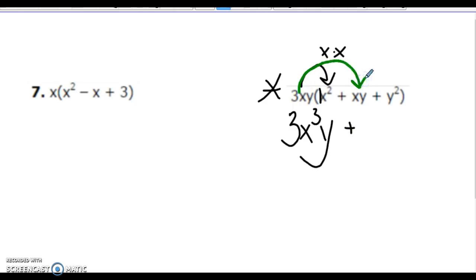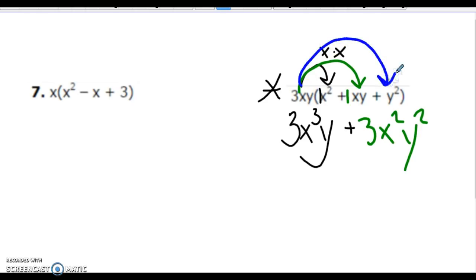3xy times xy. Well, 3 times 1 is 3. X times x is x to the second power. Y times y is y to the second power. So literally you just do it piece by piece. Then last, this one's got to go there. So 3 times 1 is 3.